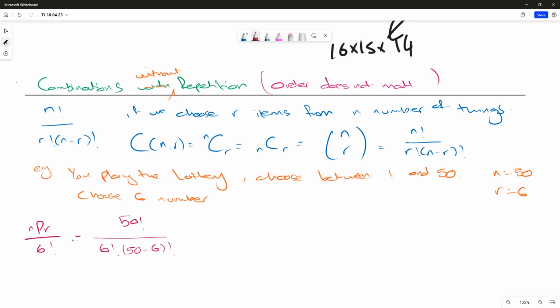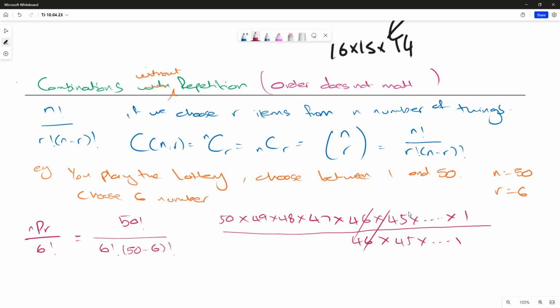In this case, you're going to end up with 50 times 49 times 47. If we write it out manually, that's going to cancel out over there, but then you're still dividing this by 6 times 5 times 4 times 3 times 2 times 1 after you've canceled that part out.